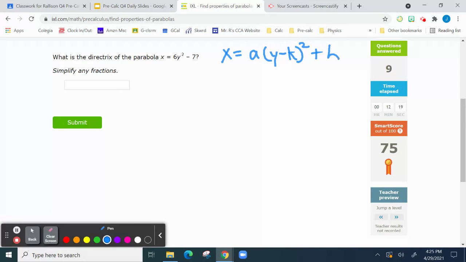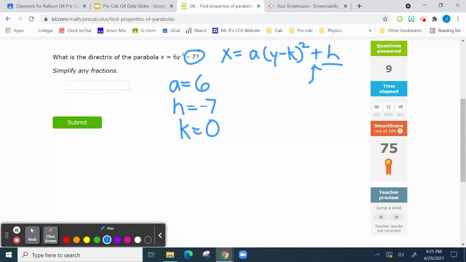And so we've got our a equals 6. What's our h and k? h equals -7, right? Because that's a positive right there. So that's a -7. h equals -7. And do we have a k?